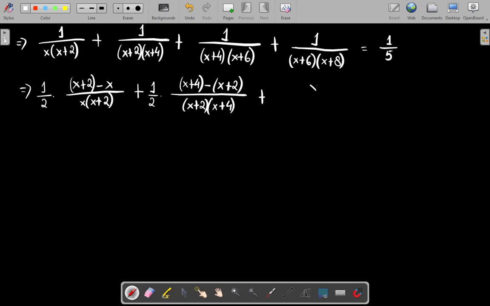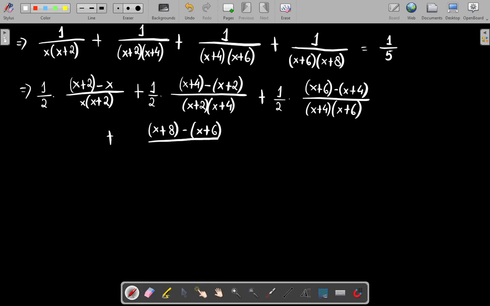Similarly, for the third term, we write x plus 6 minus x plus 4 upon x plus 4 times x plus 6, and multiply with half again, since 2 will come in the numerator. And for the last term, we write x plus 8 minus x plus 6 upon x plus 6 times x plus 8, again 2 will come, so we multiply it with half because it was 1 here. Okay, so this is equal to 1 upon 5.